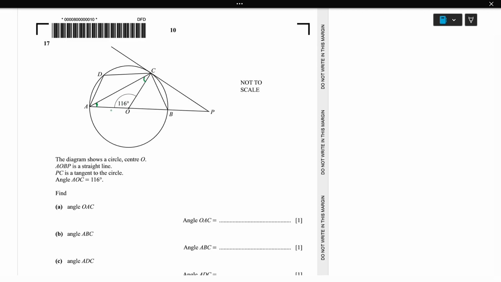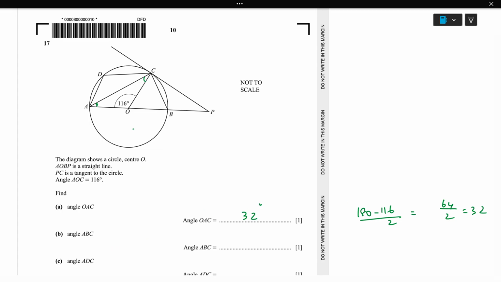The angles opposite equal sides are equal. So we do 180 minus 116 by 2. 180 minus 116 is 64, by 2 is 32. The first answer is 32 degrees.